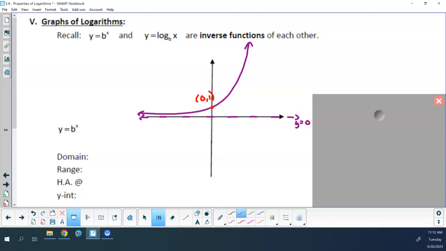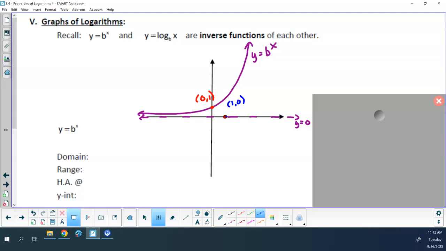Now, in an inverse, we take the x and we make it the y, and we take the y and we make it the x. So, if that's the case, then in my new function, in my logarithmic function, I would go through the point 1, 0, because my x becomes my y becomes my x.